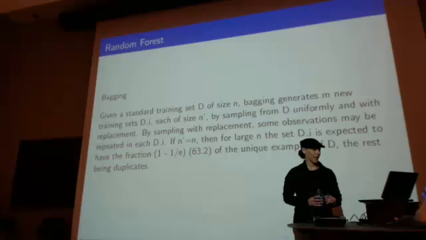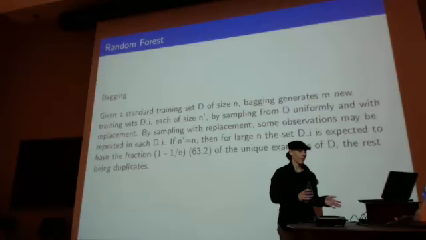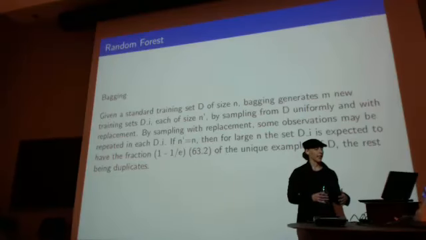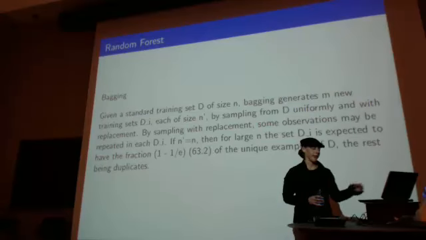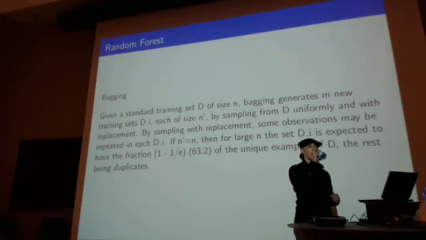I'm going to let you guys read this. This is from Wikipedia, and this is just the bagging and the sampling rate. As we talked about, it has a limit. As you sample and sample and sample, it approaches that number at 63.2%.